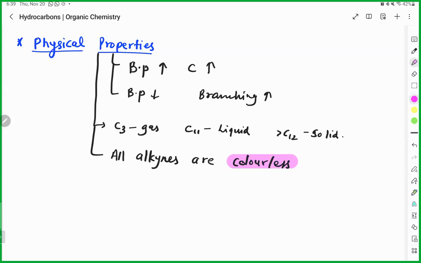Alkanes are the least reactive, that's why they are known as paraffin. Correct? Alkanes are also known as paraffin. Remember, you will get the full chapter, not only this.